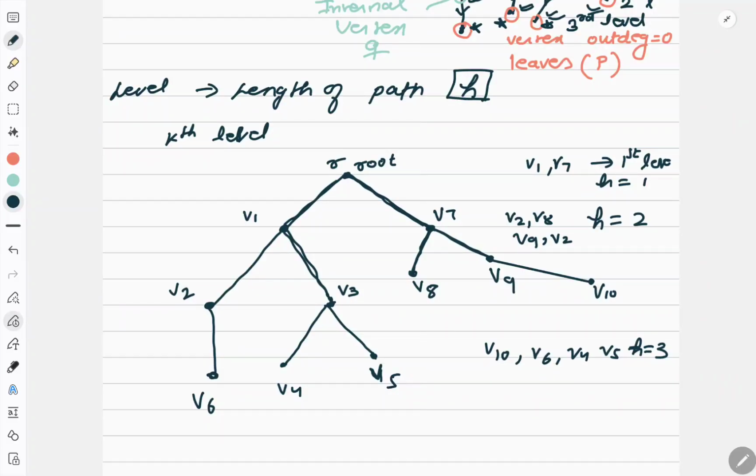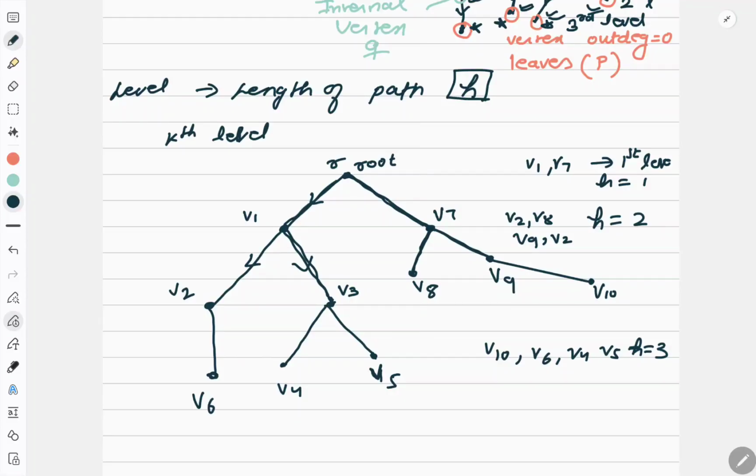Now here there is one more interesting thing which you can easily connect with family trees. Since from V1 I am having V2 and V3, V1 is called the parent of V2 and V3, and V2 and V3 are called siblings. V1 is also known as, and all the vertices above, like for V4, V5, V6, V1 are the ancestors.